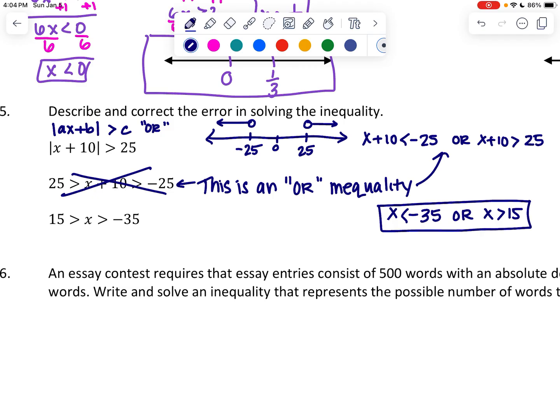Okay, your assignment for tonight, or what I would like for you to do to practice this before tomorrow or the next time I see you, is I want you to do page 102 and 103. And we're not going to get into the word problems right now. We'll get into the word problems tomorrow, because it takes a minute to set those up and get comfortable with them.